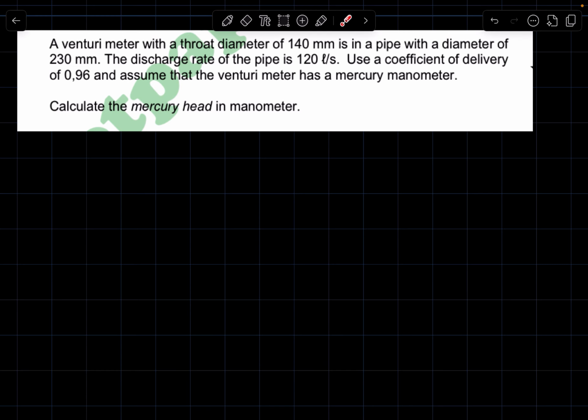The discharge rate of the pipe is 120 liters per second. Use a coefficient of discharge of 0.96. That CD. Assume that the Venturi meter has a mercury manometer. Calculate the mercury head in the manometer. They want us to calculate the mercury head.